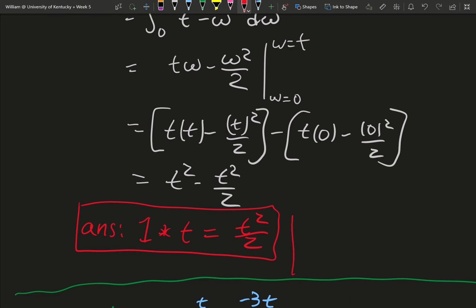Okay, so another really important thing to note, again, I think people get confused about this because it looks like a multiplication sign, but 1 convolved with some function is not just that function.